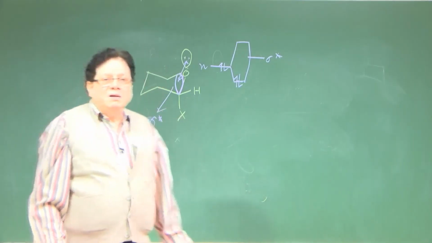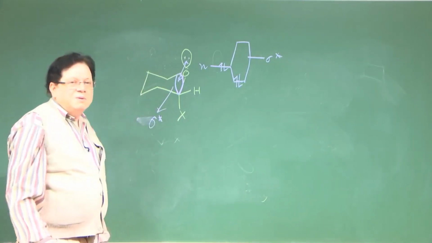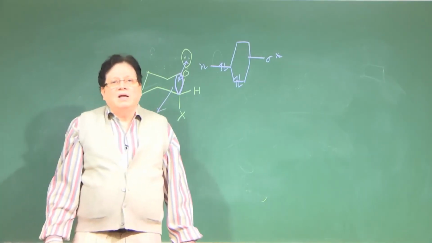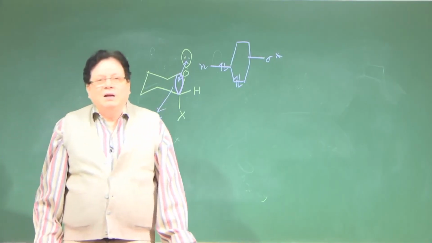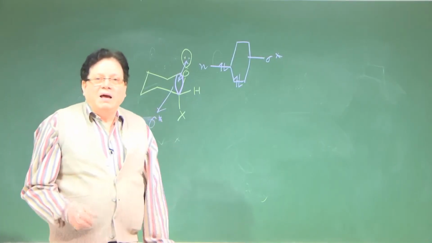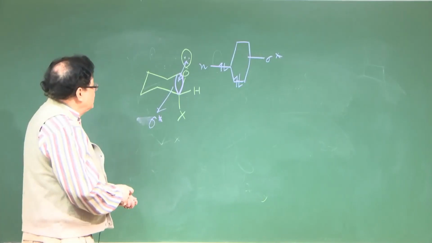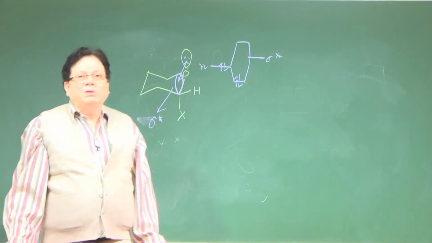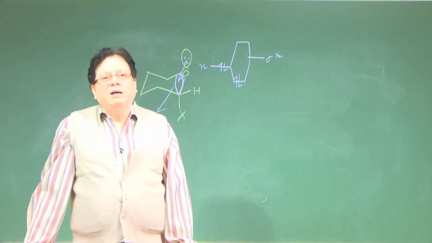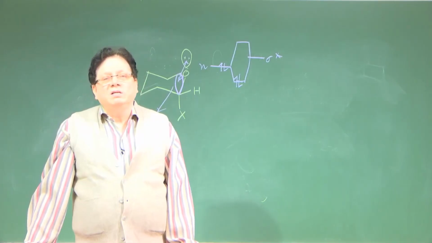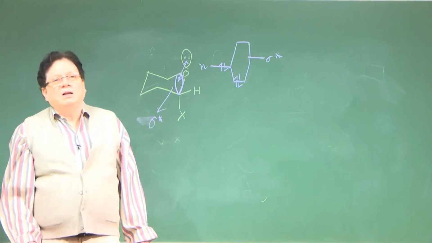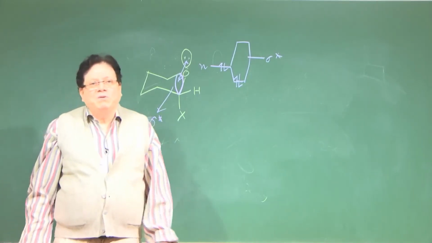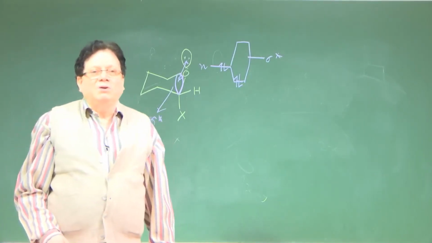Okay. So, the third one, which is basically the modern approach, says that the anomeric effect is due to the overlap between the axial lone pair on the oxygen and the sigma antibonding orbital of the C–X bond, because in 3D space they are perfectly positioned to interact with each other.